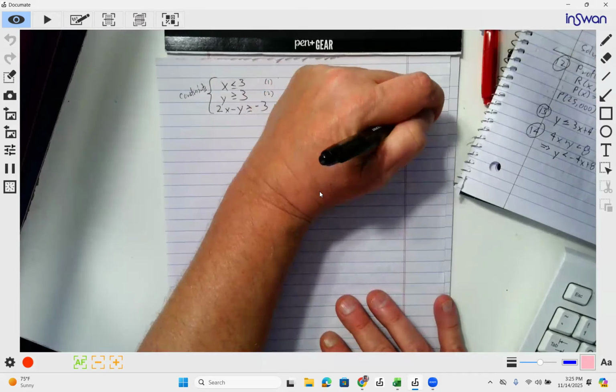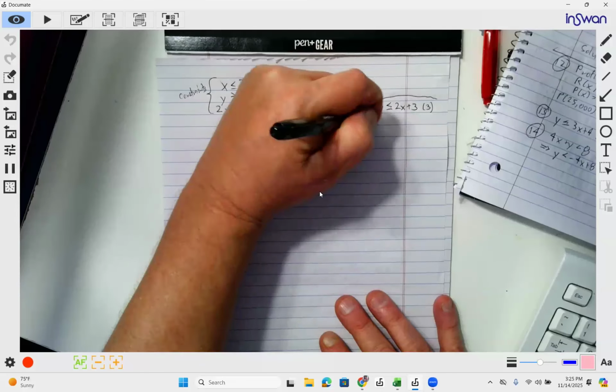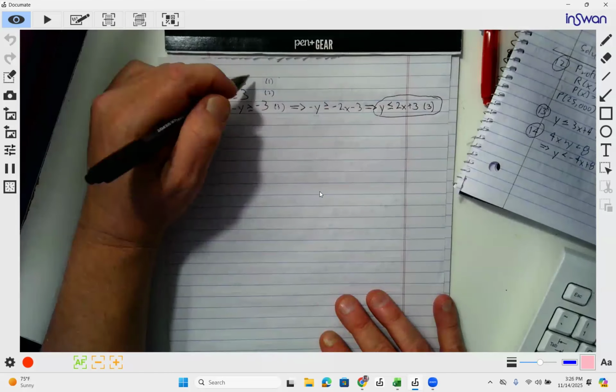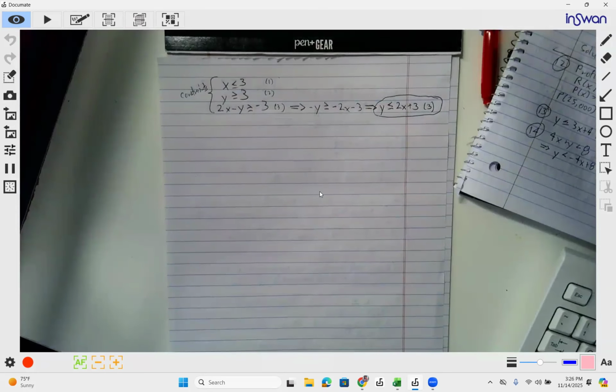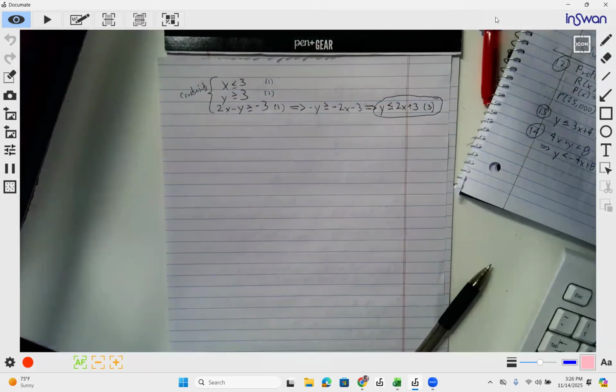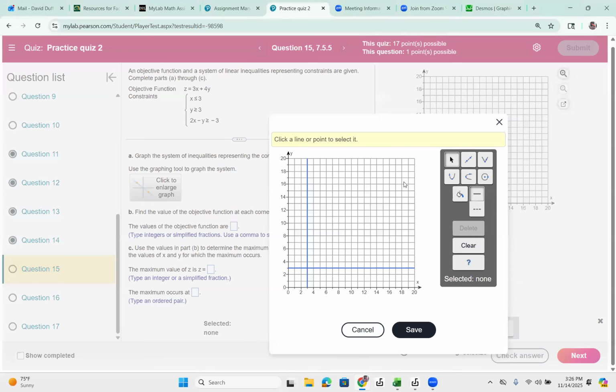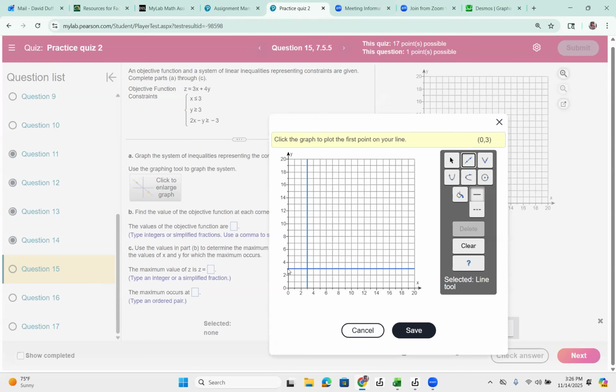So this is equation 3. We got 1, we got 2, and now we have equation 3 in slope-intercept form. What is my slope? It's 2. And what is my intercept? 3. Okay. So here's 3. That's my intercept. And my slope is 2.